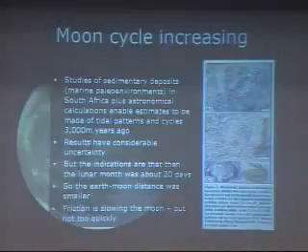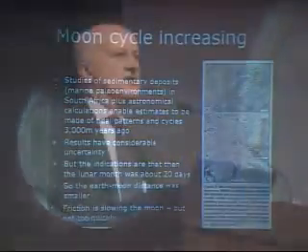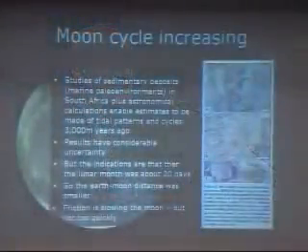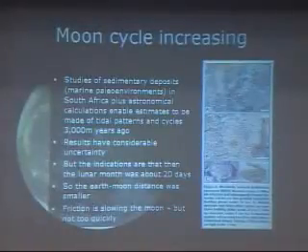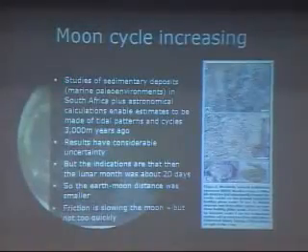Well, I was asked the question whether, if we started to exploit this, we would in some way destroy it. And with the help of some colleagues, I found that there is evidence arising from studies of sedimentary deposits in South Africa, together with astronomical calculations, from which it is possible to estimate the pattern of tidal cycles from 3,000 million years ago.